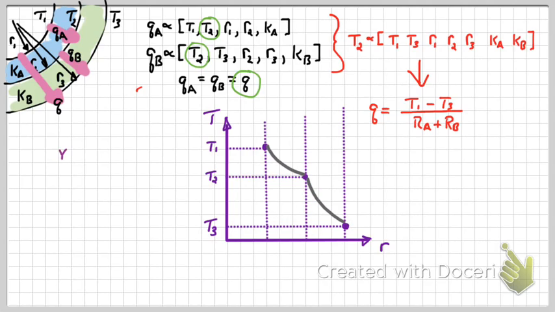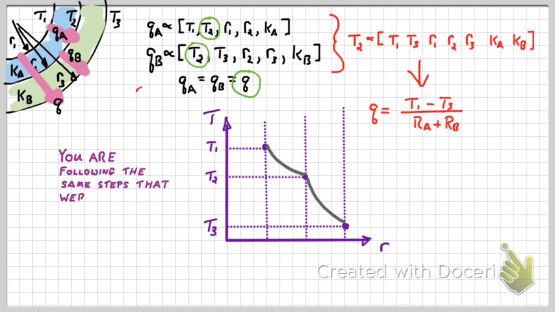The only thing you have to remember is that the previous slide showed us that the temperature is a function of the radius, with coordinate r, and that's where you're getting these curved plots from. I'm going to say here at the end that you are following the procedure that we already did in Lecture 3 for the composite plane wall.